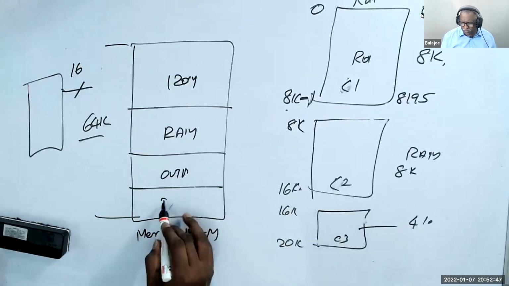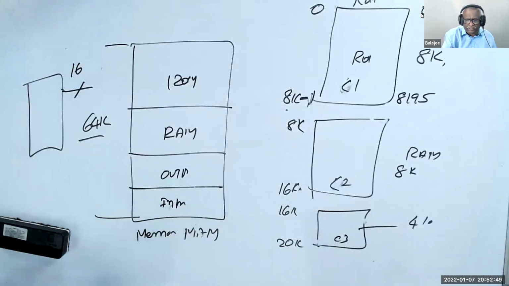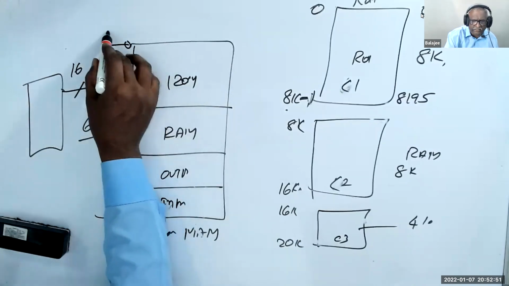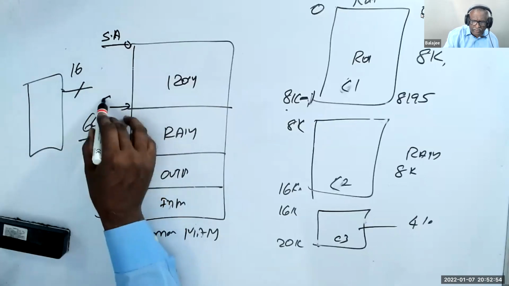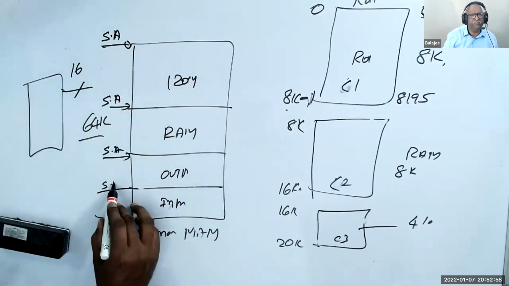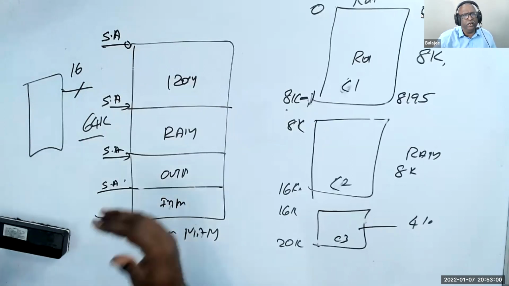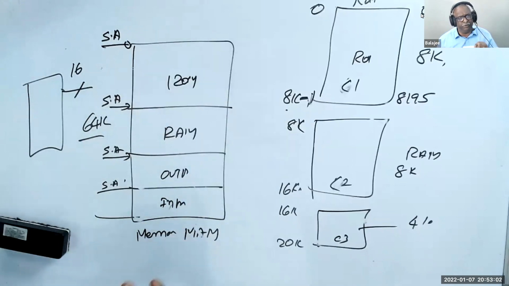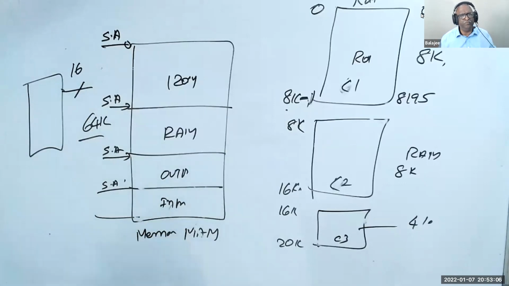How much is input? Each one has a starting address, and you have to have this information. How this information is going to be useful for us, we'll discuss in the coming Tuesday class.